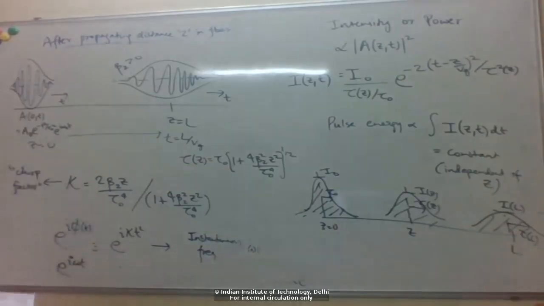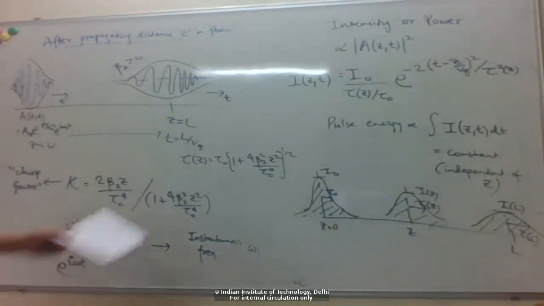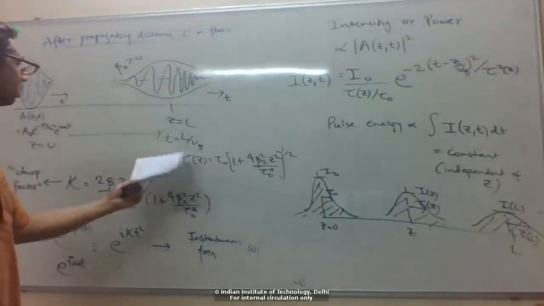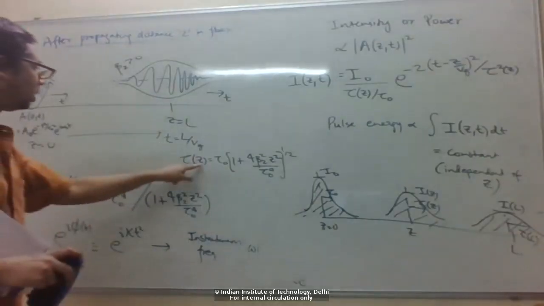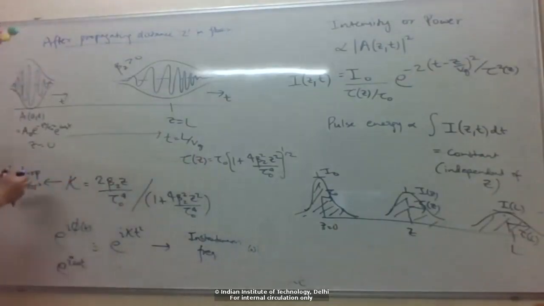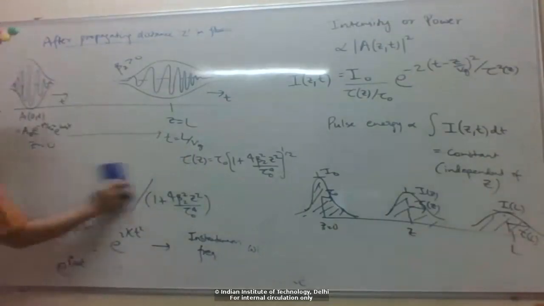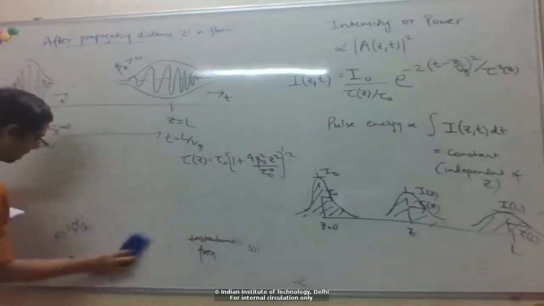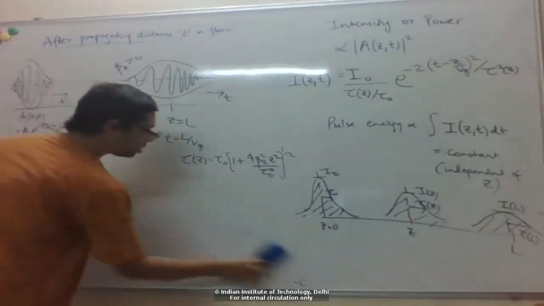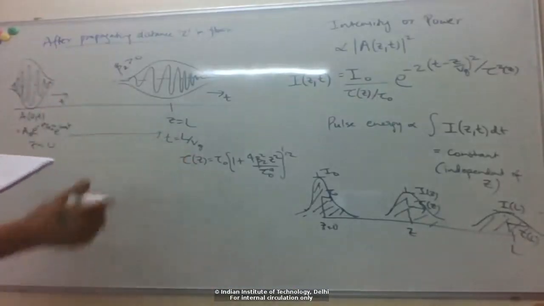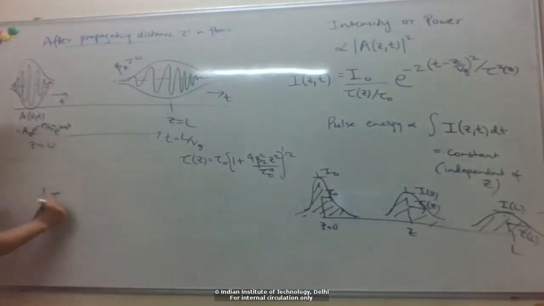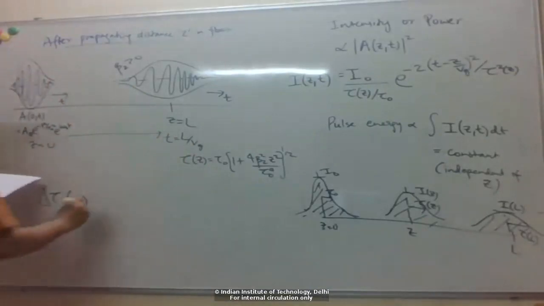Now if we calculate explicitly the broadening, we have an expression for the pulse width at distance z. So what is the broadening after a length L?